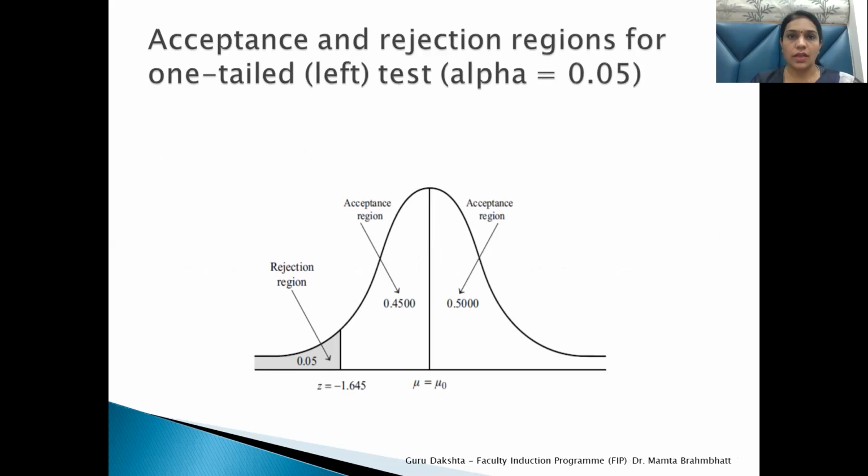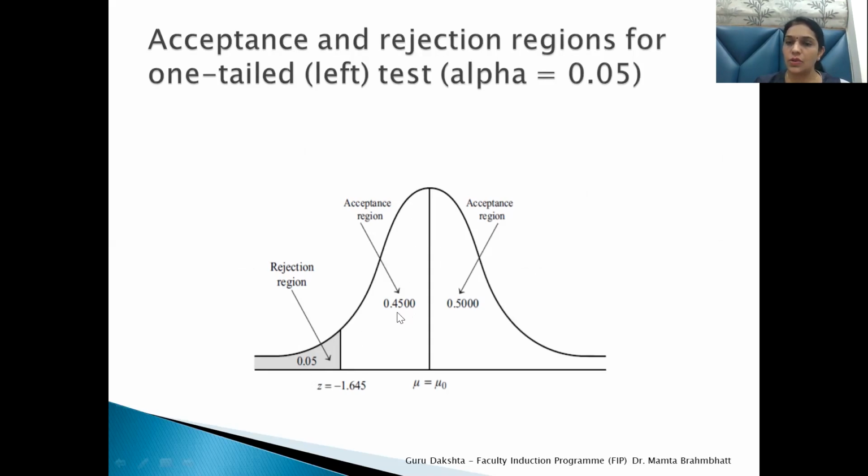Observe this graph: acceptance and rejection area for a one-tailed distribution, on the left hand side. Again, 5% is the level of significance. When I say 5% level of significance and it is a left hand side distribution, this entire 5% will fall on the left hand side. This left hand side area is 0.50. 0.50 deduct 0.05, you will get 0.45.